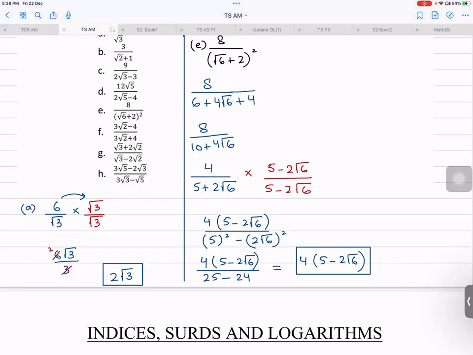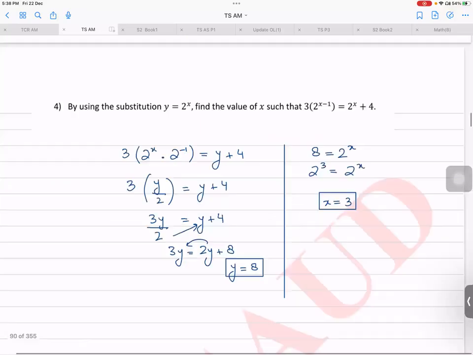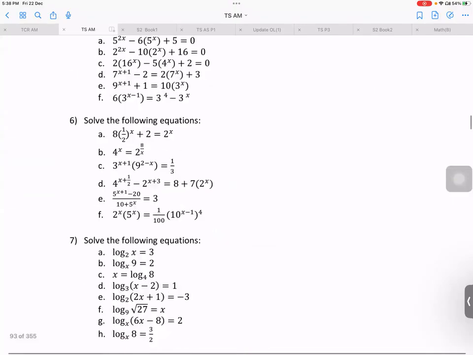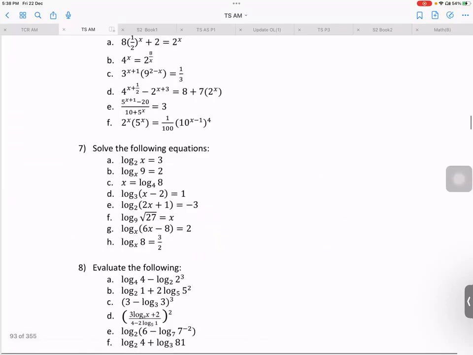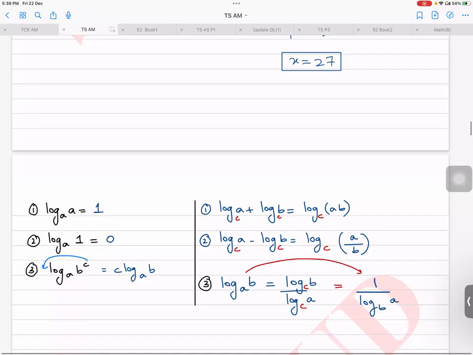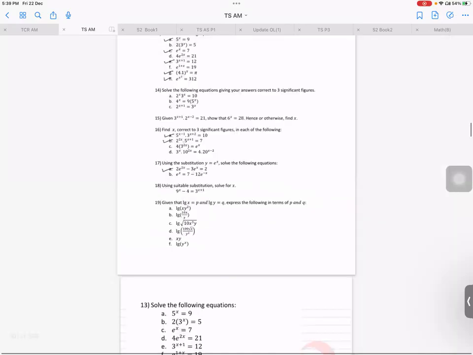Okay, the next question that we will do is going to be from the past papers. Where are the past papers? Yes, question number 3.